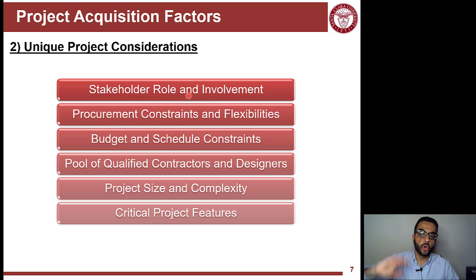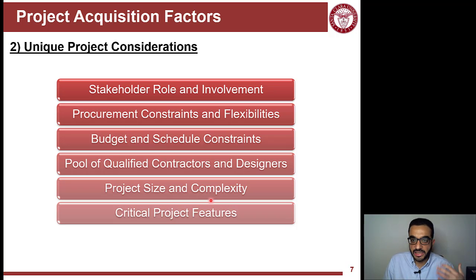So these are the typical goals of a typical owner. The next is unique project considerations. Every project is different, and these are some of the examples listed for how a project can be different, even within the same owner organization, or between owners. So there are budget constraints, the size and complexity of the project, and some critical project features that need to be considered, like site logistics and how much accessibility you have to the site.